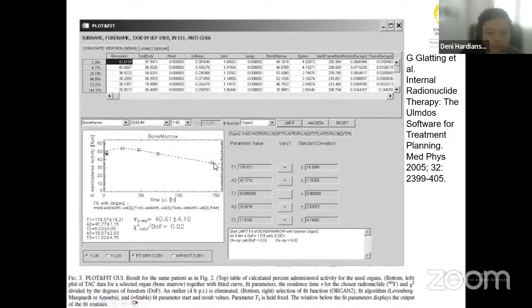And then you can create this dotted line. From this line, you can calculate the area under the curve. And this area under the curve is actually the time integrated activity coefficient. So we need to do this for every organ. For example, this is one of the examples from the bone marrow. But you also need to do it for the kidney, liver, etc.